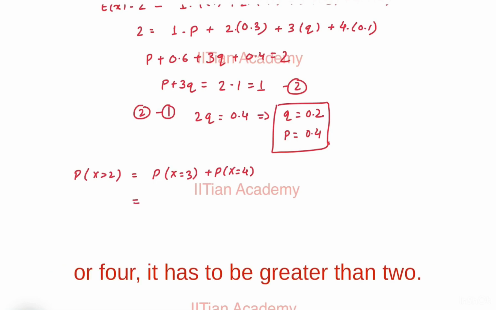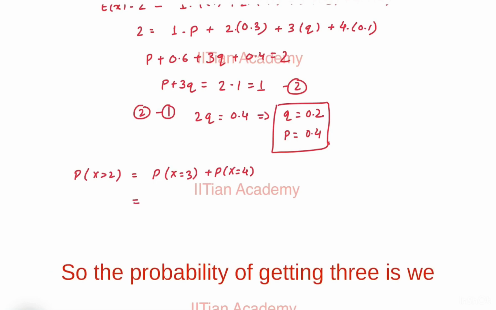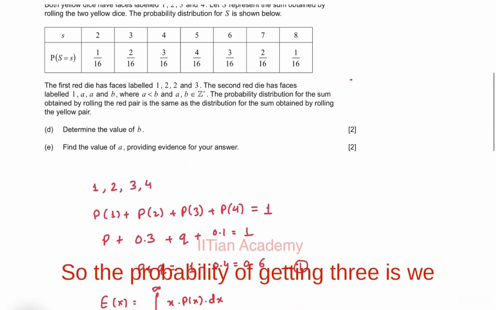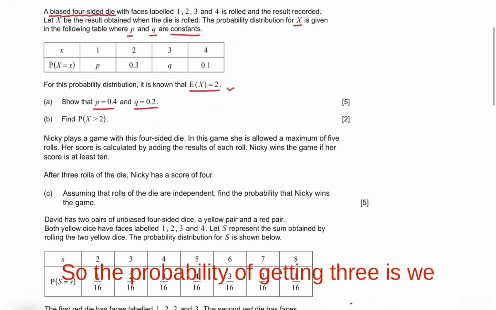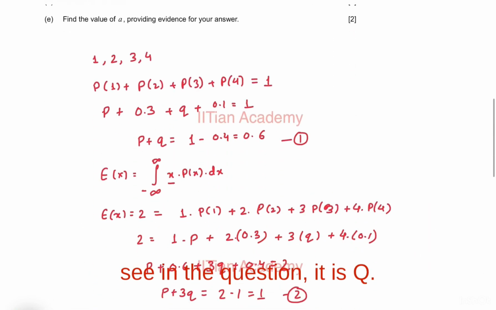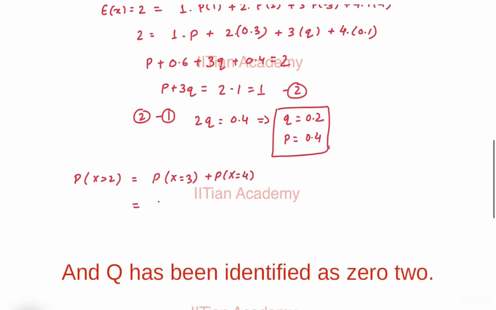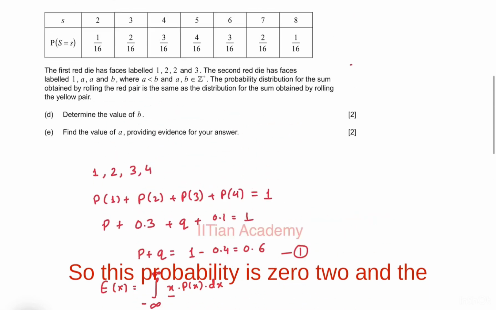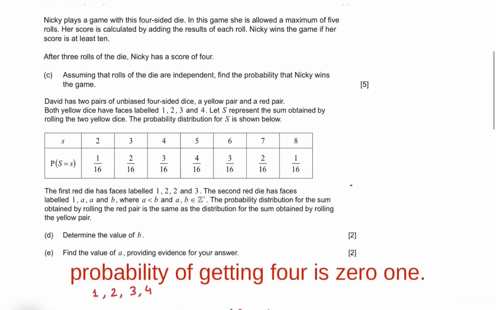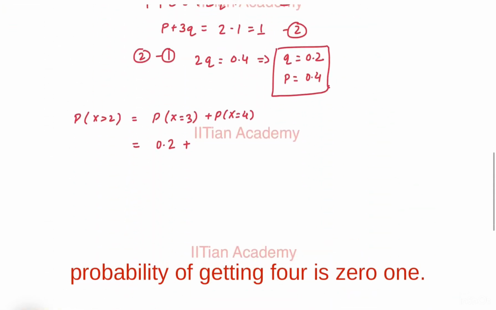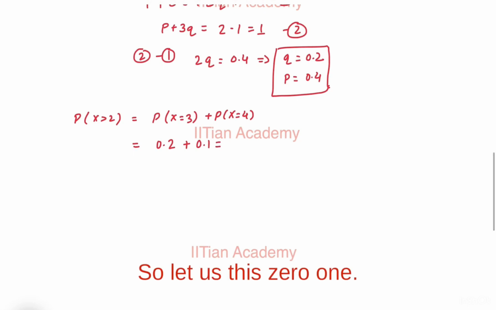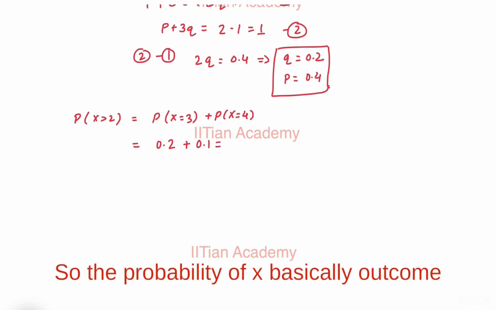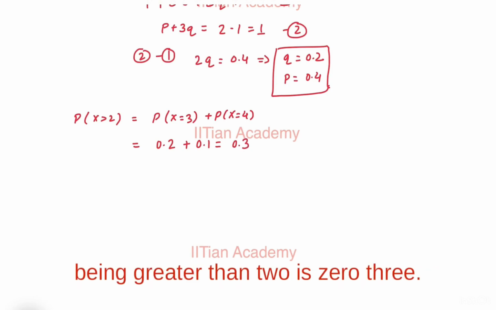It has to be greater than 2. So the probability of getting 3 is, as we see in the question, q, and q has been identified as 0.2. So this probability is 0.2. And the probability of getting 4 is 0.1. So let us add this 0.1. So the probability of the outcome being greater than 2 is 0.3.